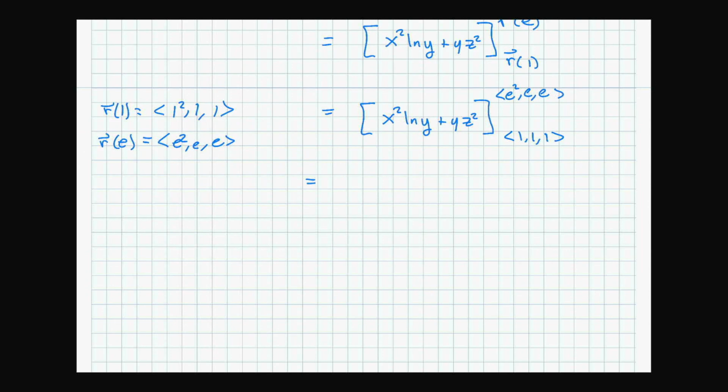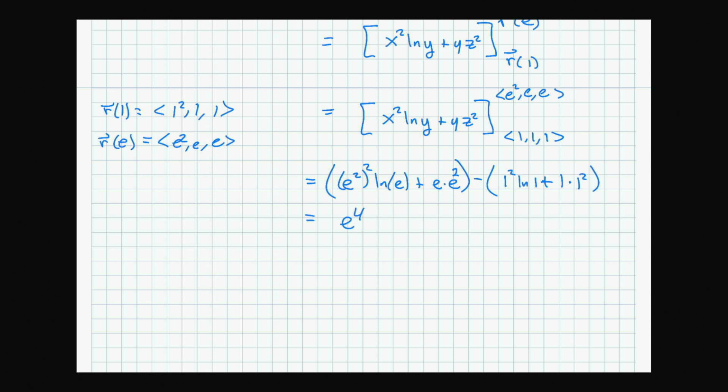So you go x squared ln y plus y z squared. Do the same thing with the 1 squared ln 1 plus 1 times 1 squared. You work this all out.